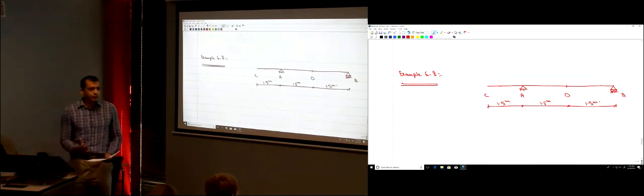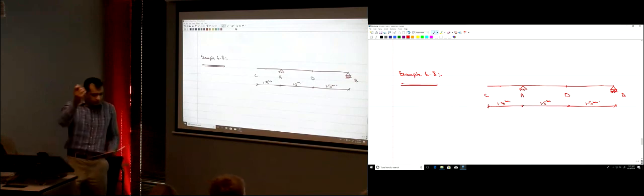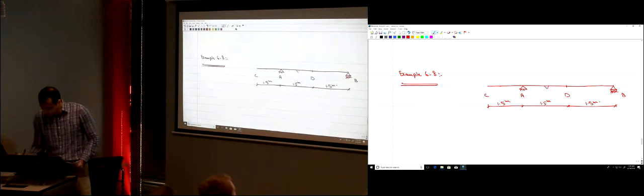This beam is to support the crane, so there is a crane. There is a load here. The crane can move anywhere, along the length of that beam.